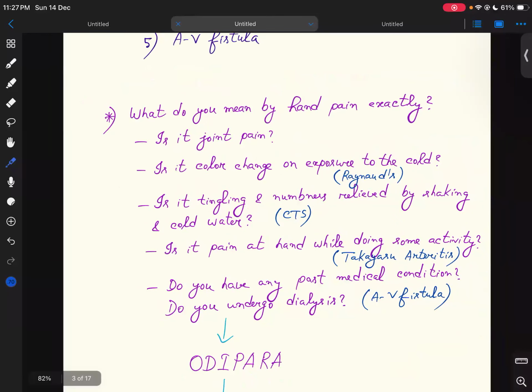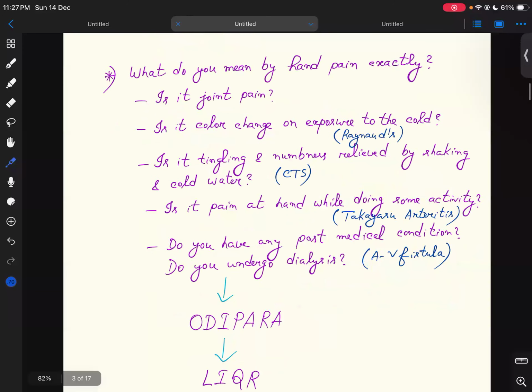So this will be the first question for any type of hand pain. What do you mean by hand pain exactly? Is it joint pain? Is it color change? Is it tingling numbness? Is it pain in hand while doing some activity? Or do you have any past medical condition that I should be aware of? Do you undergo any dialysis? So you will get your diagnosis. After that, you can proceed accordingly.